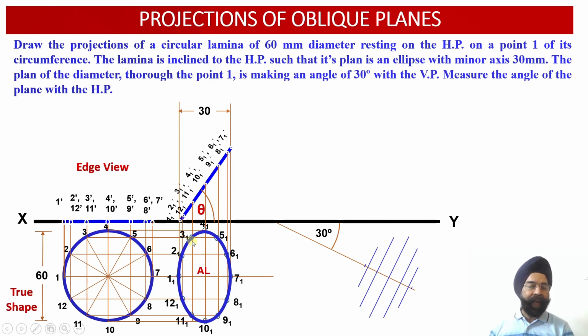Similarly, the moment we mark this distance, please check, the distance of point 3, point 5, point 11 and point 9 are all equal. So if I measure this distance, that is the distance of the center line to point 11, the same will be the distance of the center line to 3, center line to 5, center line to 9. So this way I will be marking from the center this distance and this distance.